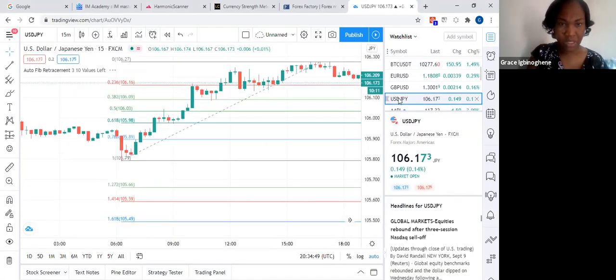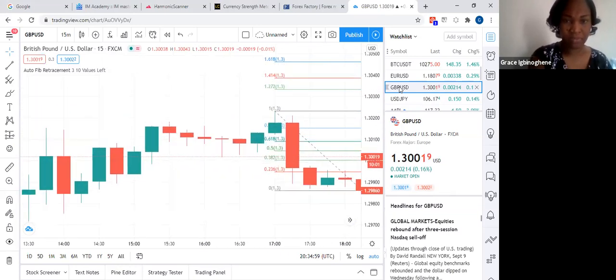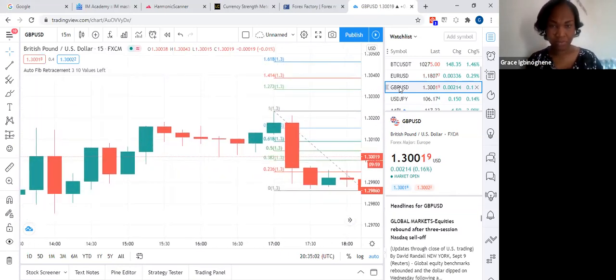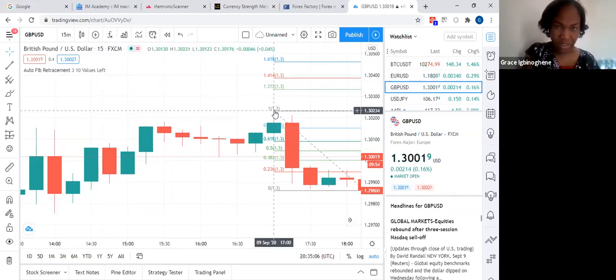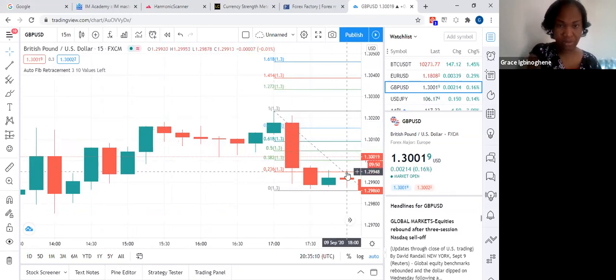USD JPY. I just want to find something that is downtrending. So right at this point, you see the market started going down. See the big red candle.